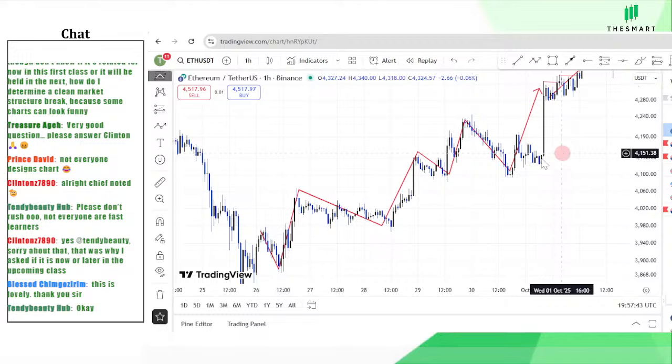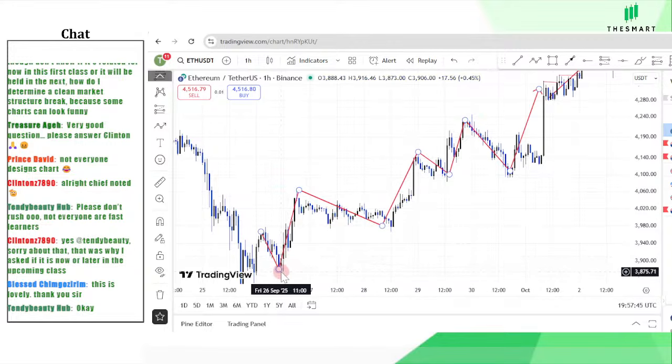And from what I explained, you should always mark your range, the high and the low. You get to understand if you're in a bullish market. Looking at this waves pattern I just marked, you already know this market is in a bullish scenario. You want to be looking for buys. You have no business looking for sells.